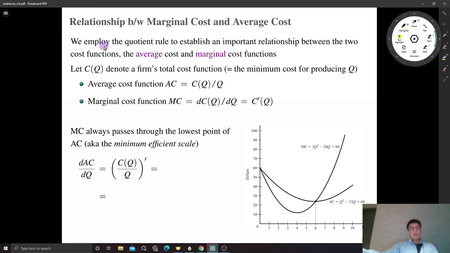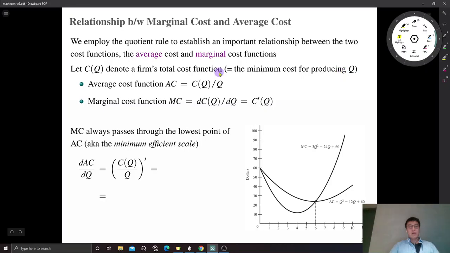The other important function is the cost function. The cost function denotes the total cost necessary for producing Q units. Regarding this cost as a function of Q, if we divide the cost function by quantity, C of Q divided by Q, it tells us average cost, right?